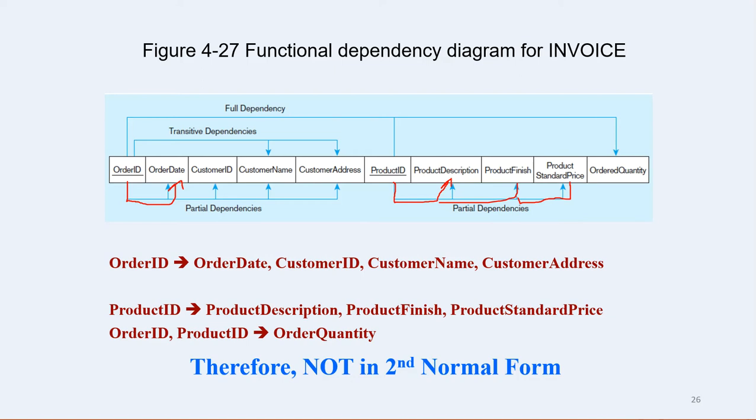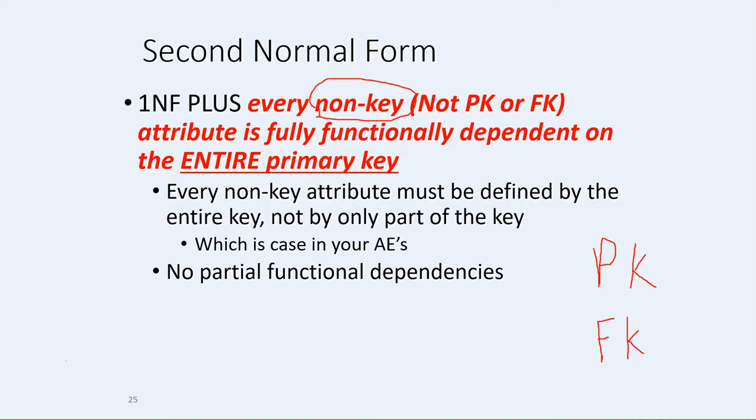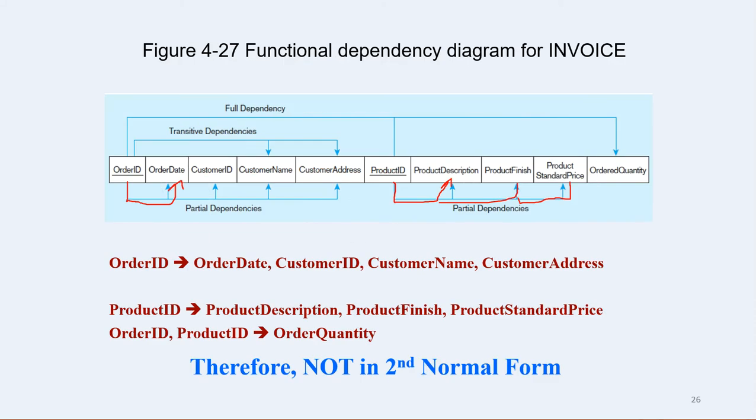Again, if you remember our definition, every non-key attribute is fully functionally dependent on the entire primary key. Here comes the tricky part: customer ID and customer name. Let's say I have never bought anything from Amazon.